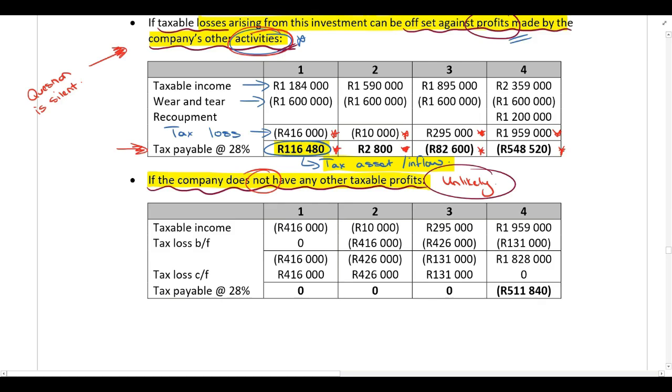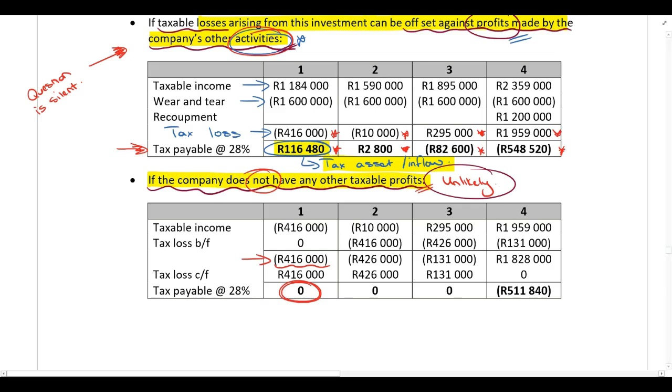So remember, I said to you, even if you have a tax loss, SARS is not going to refund you. So if the company doesn't have any taxable profits that they can offset this benefit against, then you are not going to have any tax cash flows in those years.